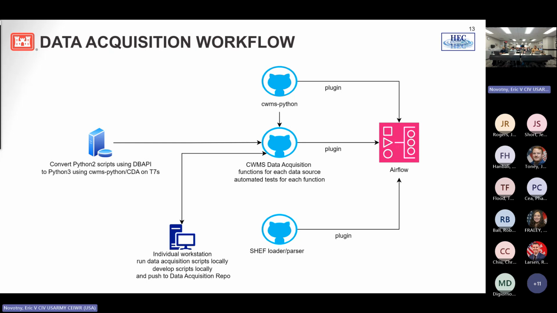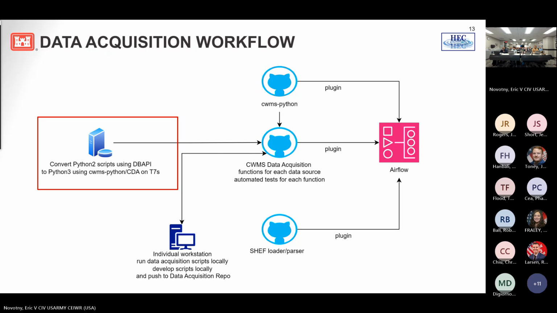Looking at that little section, the data acquisition workflow, we have Airflow, and I'll discuss Airflow in more detail a little later. We have this first step, right? We have our existing servers, our existing database, our local servers and database.